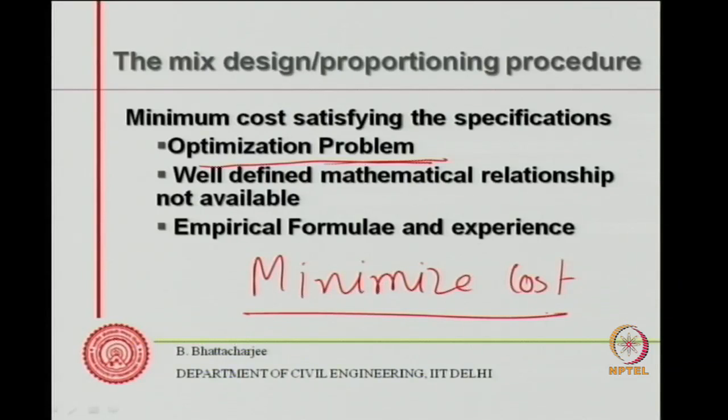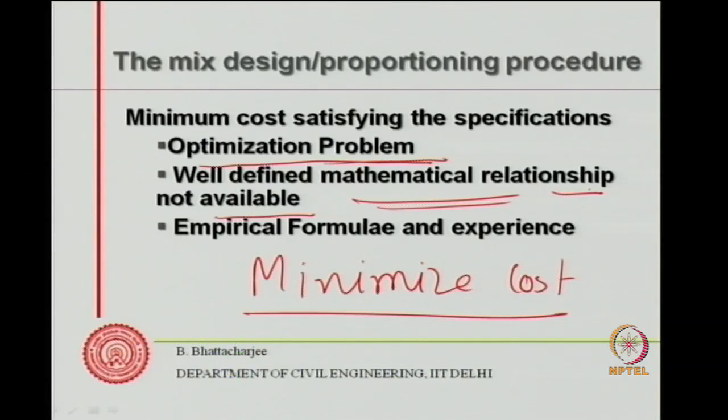But unfortunately, we don't have well-defined equations relating strength and mix factors. Neither do we have well-defined equations relating slump and mix factors. So well-defined mathematical relationships are not available.